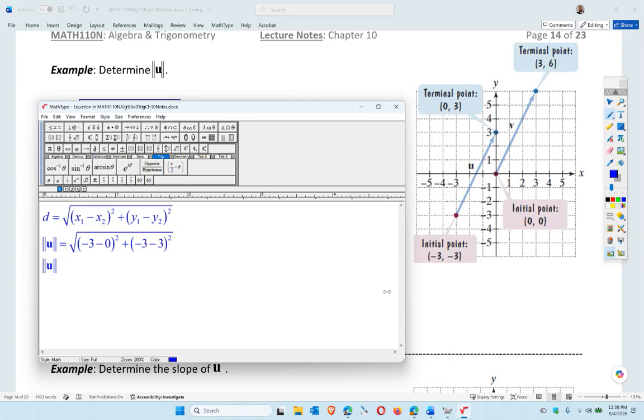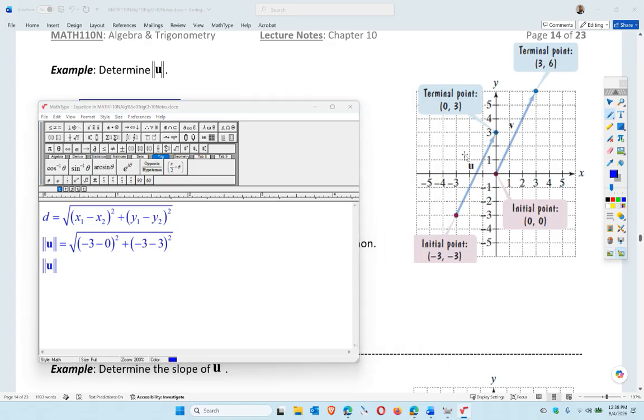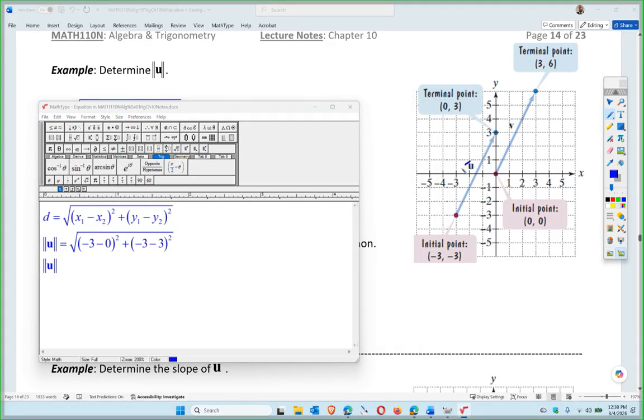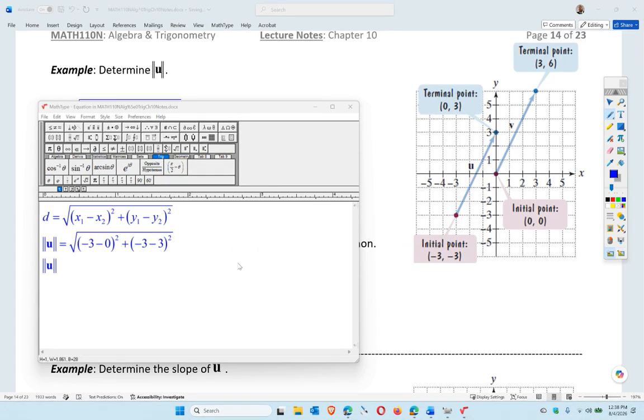Okay, shrink this down a little bit, right? Because I'm just looking at this vector here, the vector u, and these are my coordinates x and y. So if I do this, copy, paste, that's going to be 9, right?